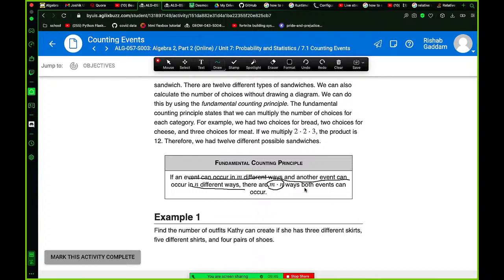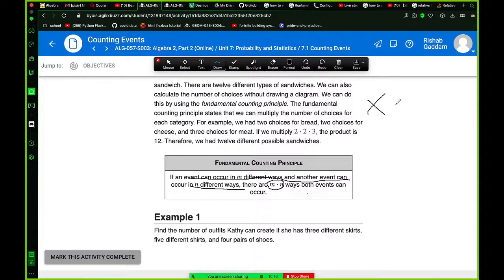So basically what this means is if there's something happening, so let's say that x is happening. Let's say you flip a coin and heads comes, and if you flip the coin again, then tails comes.